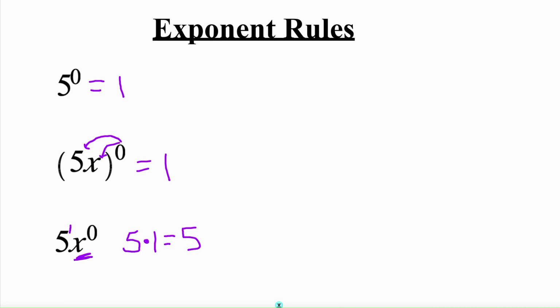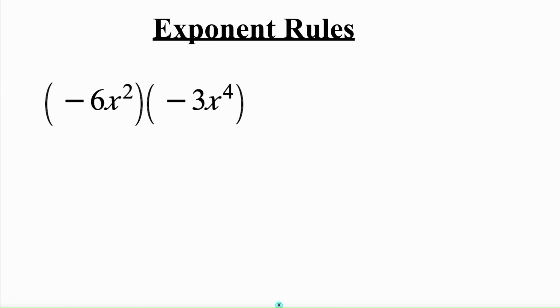So now looking at just a couple examples where you combine some of the exponent rules. So here, I have multiplication. So I have negative 6 times x times negative 3 times x times x times x times x. So I could write it out if I wanted. But remember, multiplication has that commutative property that says I can change the order I multiply in.